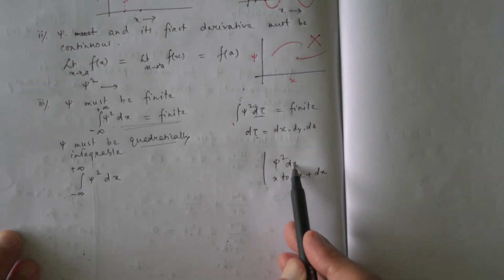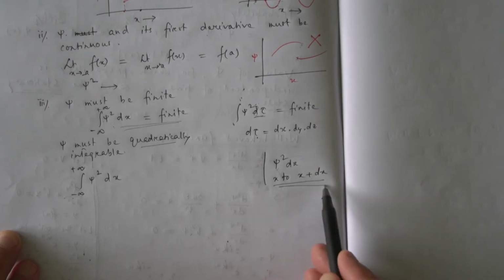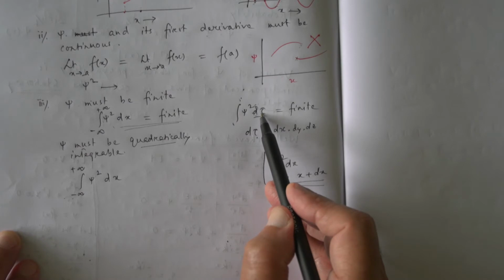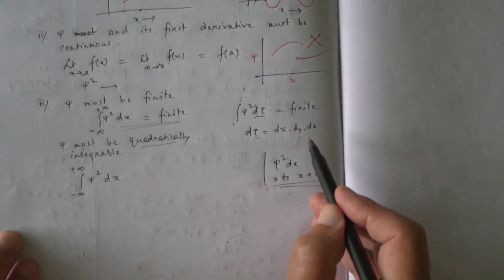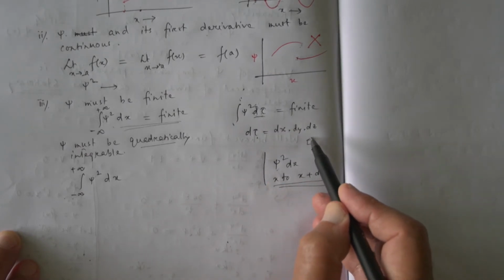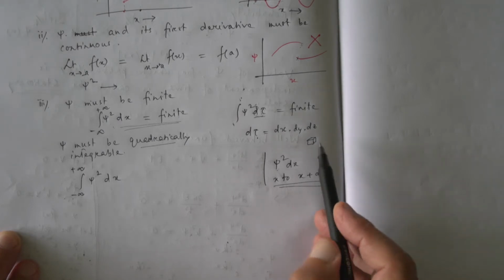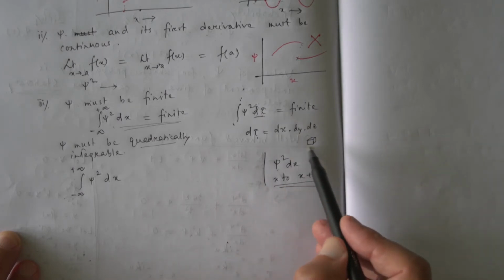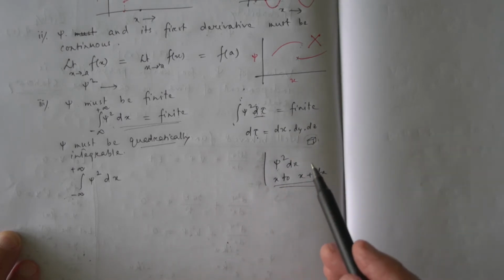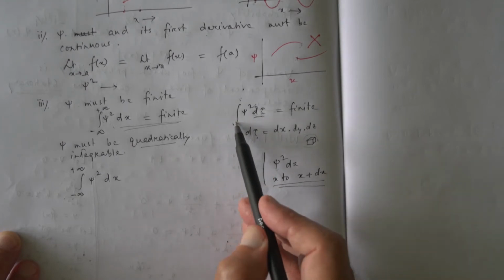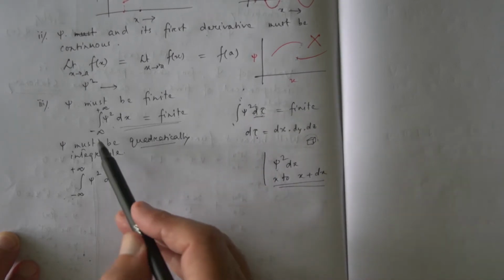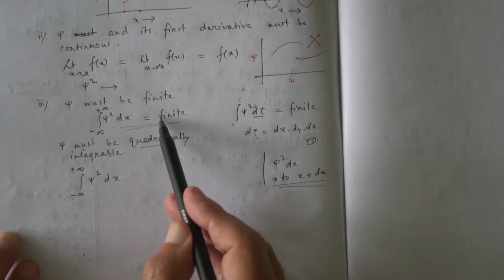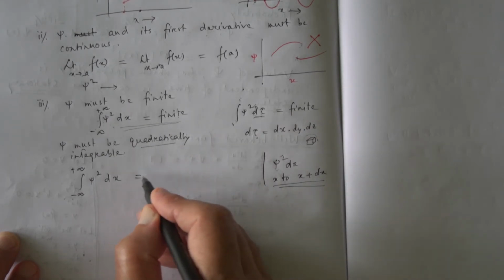Similarly, psi square d tau is the probability within a small volume d tau. Now, if we integrate it, it will mean total probability.